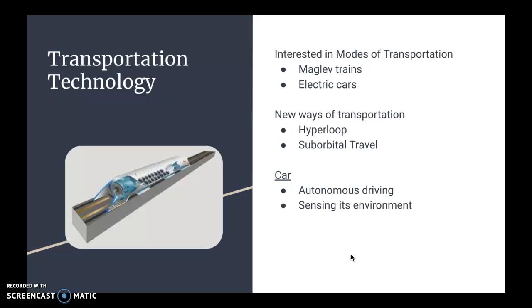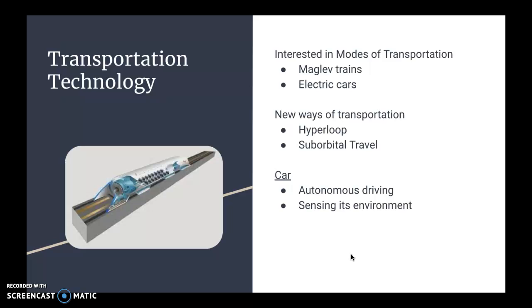I'm really interested in modes of transportation, like maglev trains or electric cars, or even new ways of transportation such as Hyperloop and suborbital travel, which is pretty awesome because these modes of transportation can allow people or cargo to travel anywhere in 2 hours. Suborbital travel can allow people to travel anywhere on the globe in 2 hours.